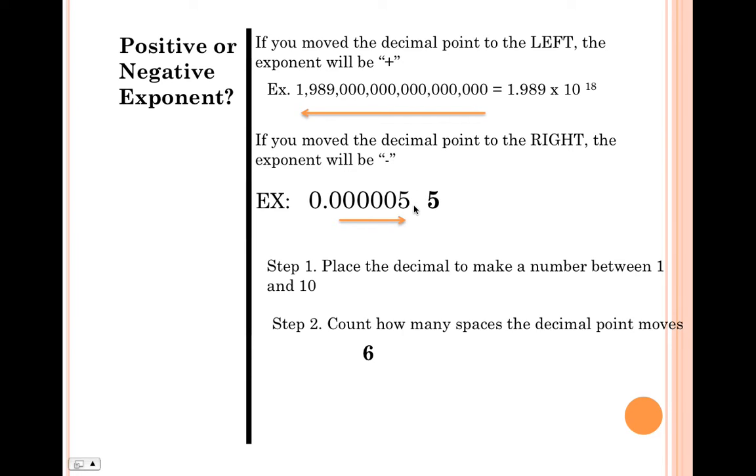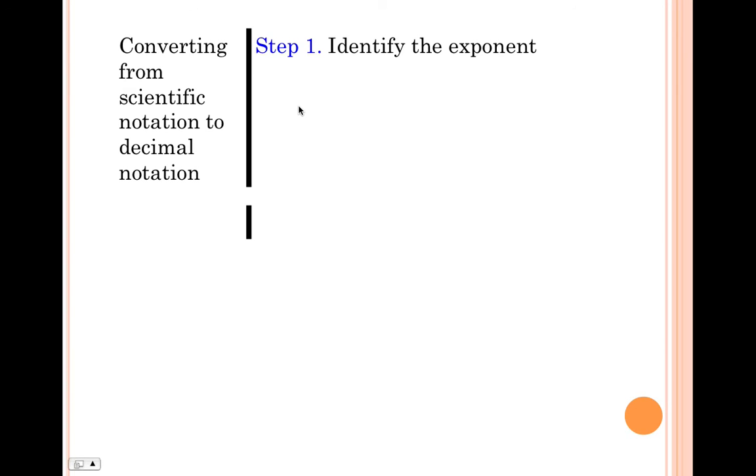That number is 6. When we rewrite the answer, we get 5 times 10 to the negative 6. And you'll notice that the negative 6 denotes that you move the decimal point to the right. And up here, you notice that the positive number, the 18, says that you move the decimal point to the left.